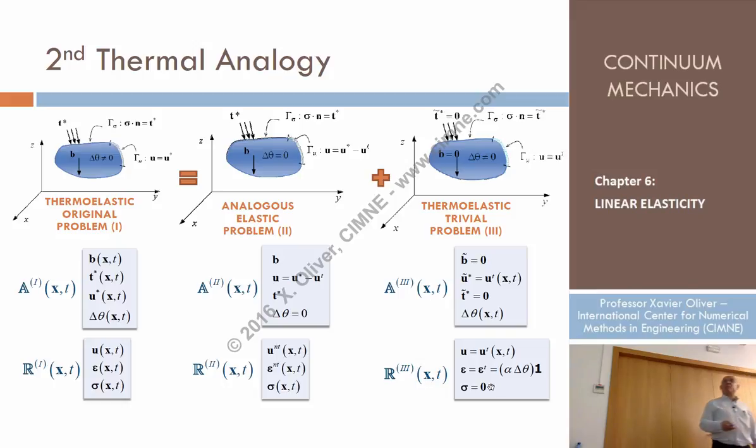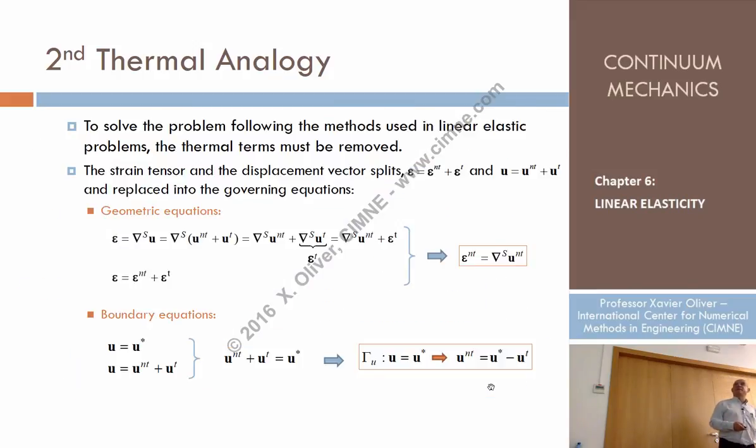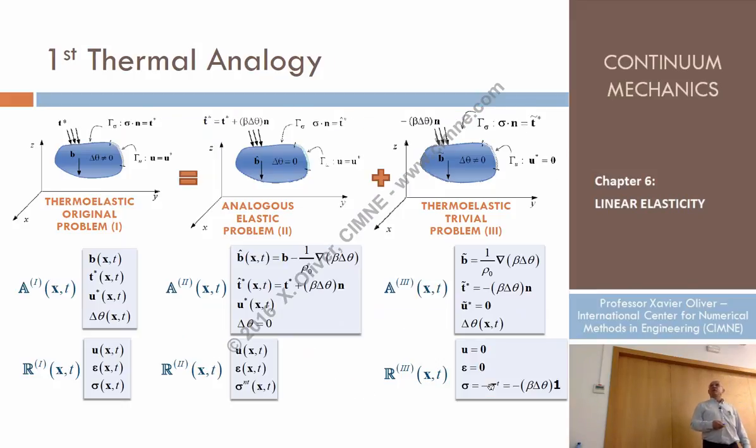You know, look at what we have. In both cases, in the first and the second thermal analogy, we have always the decomposition of the original thermoelastic problem into one analogous problem which is elastic, no temperature is involved, plus a correction.